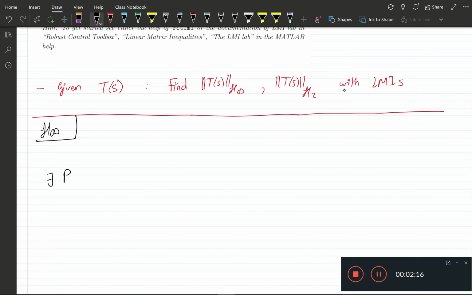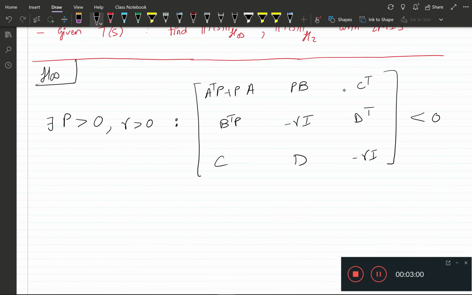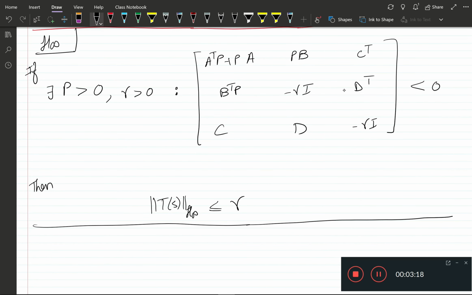If there exists a P positive definite, and a gamma positive, such that the matrix with blocks A transpose P plus PA, PB, C transpose, and the transposed blocks, C, minus gamma I, is negative definite, then we have that the H infinity norm is less than or equal to gamma. So that is the LMI that we have.